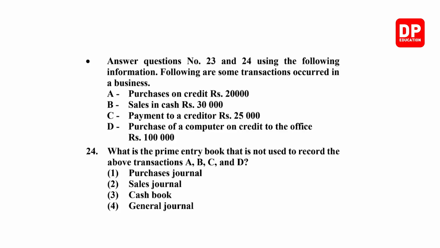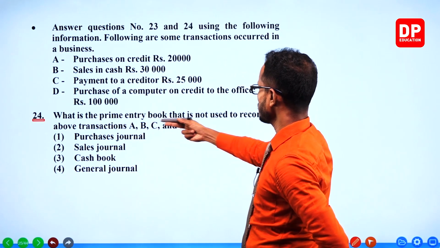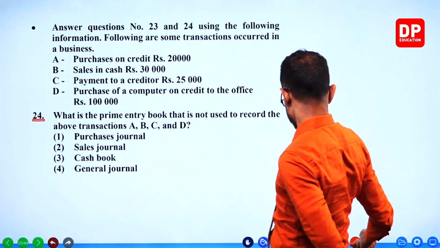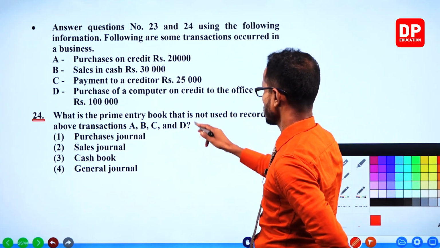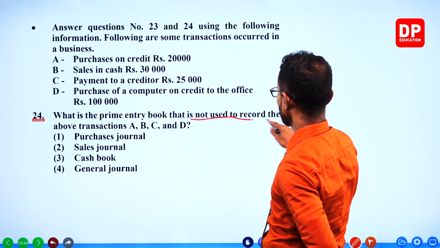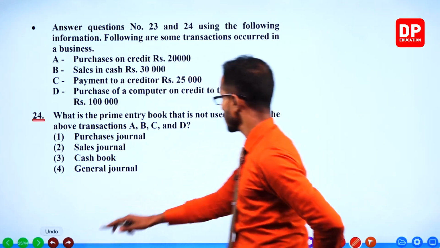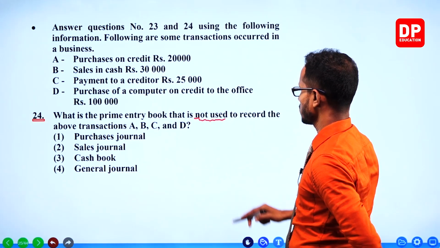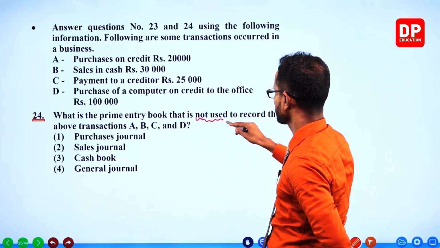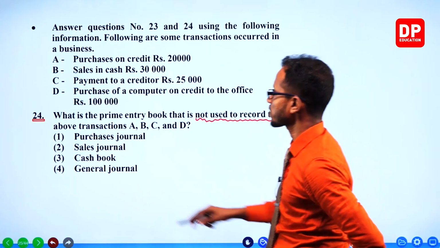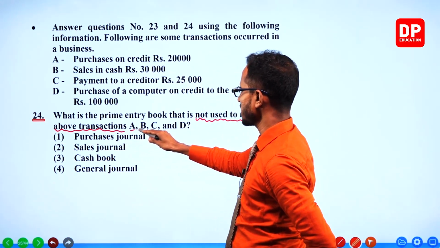Next one. What is the prime entry book that is not used to record the above transactions A, B, C, and D?